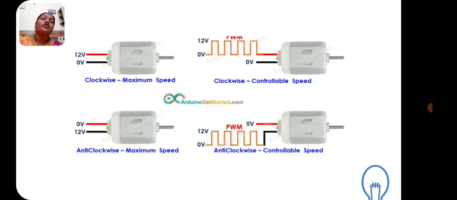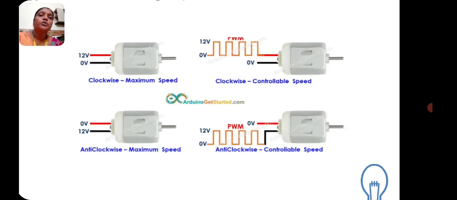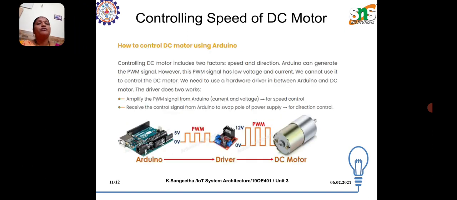For clockwise direction and controllable speed, the PWM output pin from the Arduino is connected to the DC motor. If we change the connection, from 0 to 12 volt, it is for anti-clockwise direction and maximum speed. To control the speed, the PWM output is connected to the negative pin.